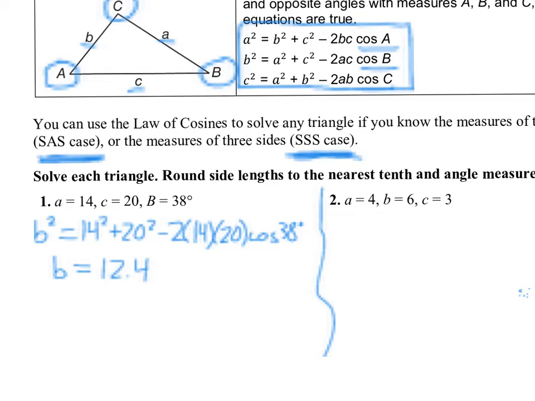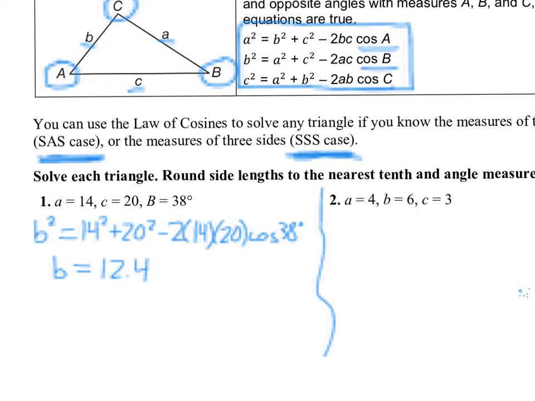So you could use the law of cosines and you'll get the right answer, or you might be tempted to switch to the law of sines. If you switch to the law of sines, you have to be careful because, as you saw in the last lesson, the law of sines has an ambiguous case where when you get sine of an angle equals some decimal, well, there's two possible angles that can satisfy that.